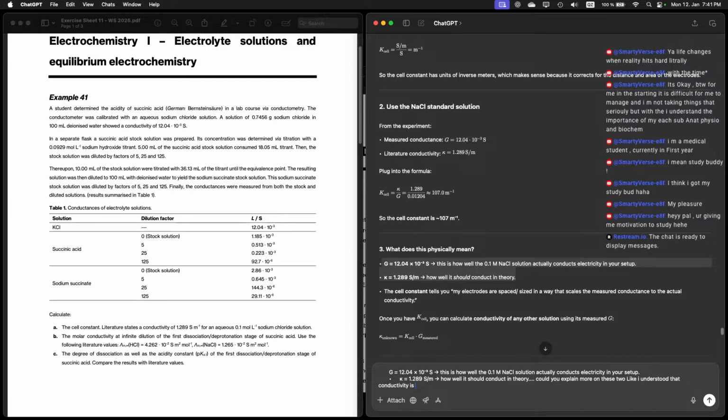Amount of ions moving, or... could you explain again what these terms represent? Also, the cell constant. Why is it inverse of meter?